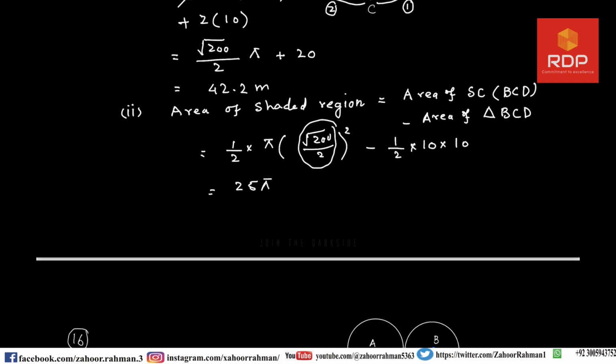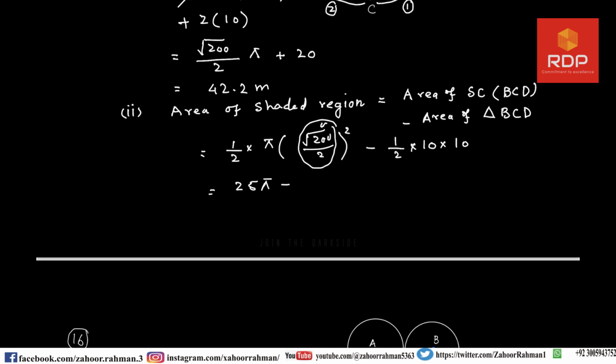This area will give us 100, because if we are taking the square of this, it will be 200, and then we are taking the value of 2, so it will be 100.